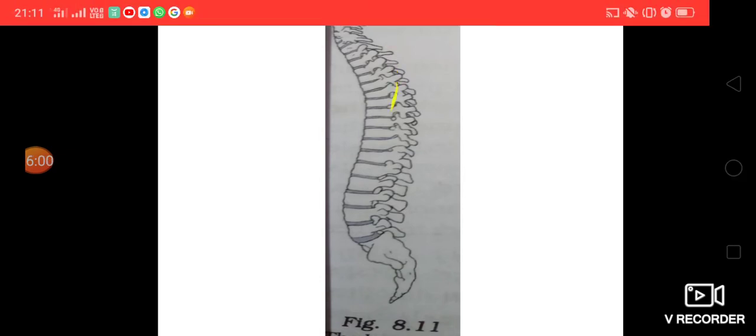The spinal cord, along with the brain, forms the central nervous system. This is the reason why we must take extreme care of our backbone while doing any rigorous activity. What do you mean by rigorous activity?